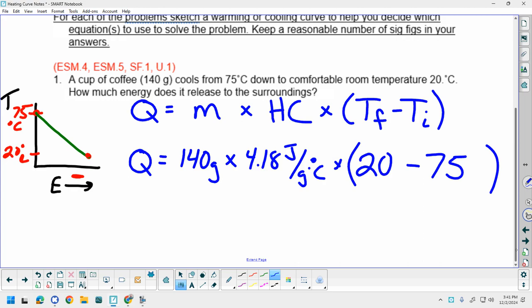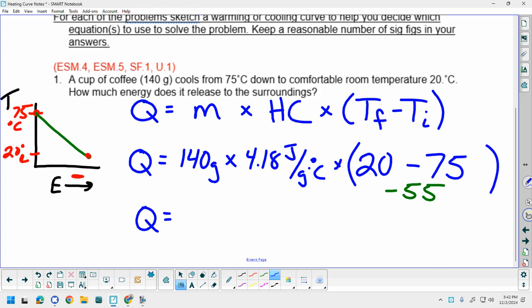So at this point, I just need to solve for Q. I've got 140 times 4.18 times 20 minus 75. First thing I should do is figure out my difference here. 20 minus 75 is negative 55. That introduces a negative sign into my calculation, which is good because I'm removing energy from this cup of coffee, so my Q value needs to be negative.